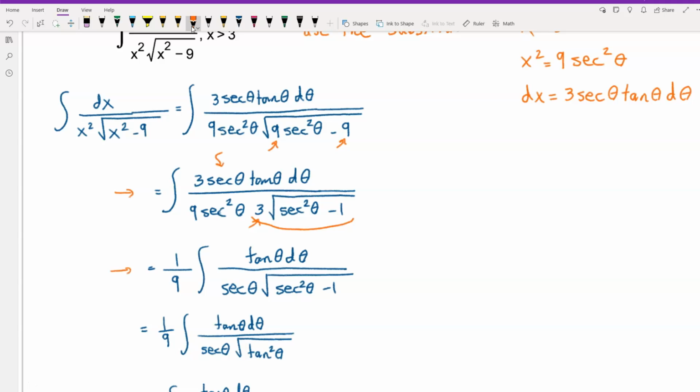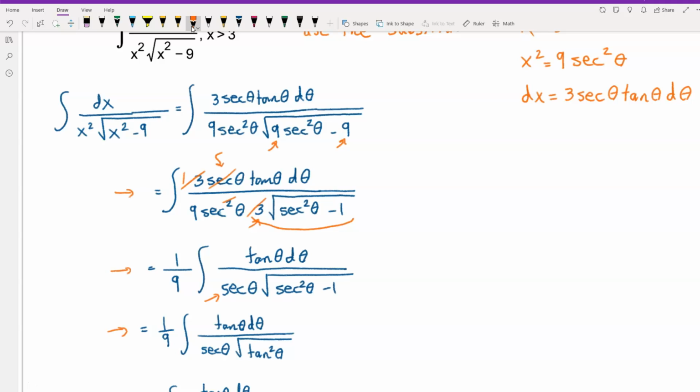So this is equal to, we can simplify, 3 divided by 3, and what's left is 1 over 9. I move this 1 over 9 outside of the integral, and we can cancel secant, and in the denominator we have secant squared. So what's left in the denominator is secant times the square root of secant squared minus 1, and on top we have tangent theta multiplied by d theta.